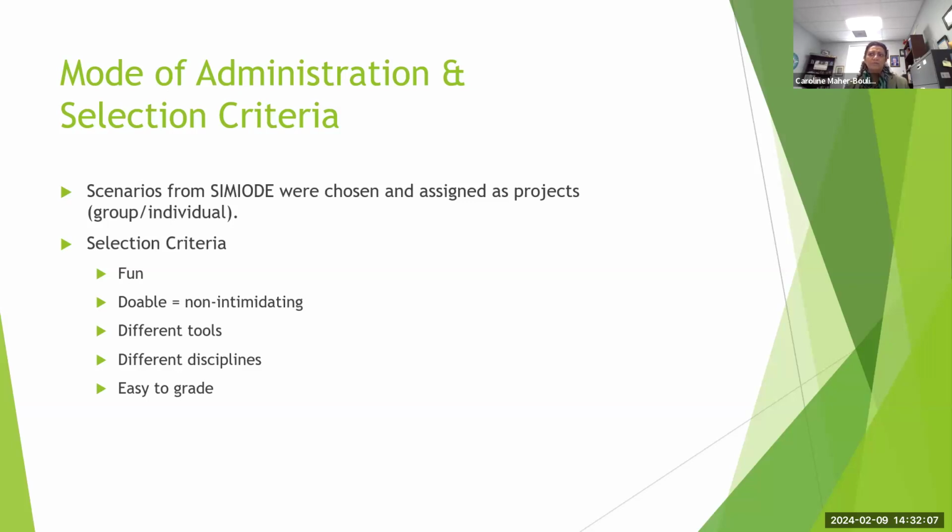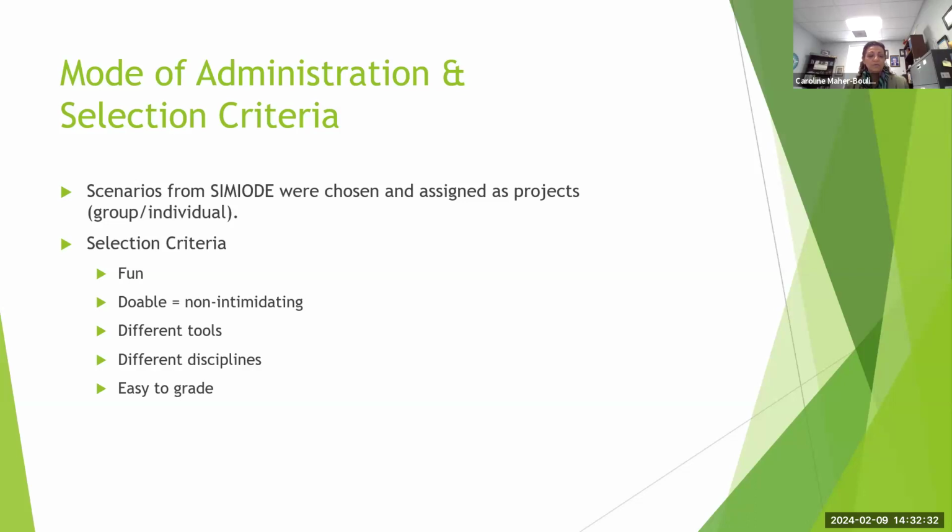I broke up the projects into parts. If it was a long project, I broke it up into parts so students don't get overwhelmed with the many steps and the different questions that I have. So they were assigned a project outside the classroom, and we'll talk about the project a little bit in the classroom.